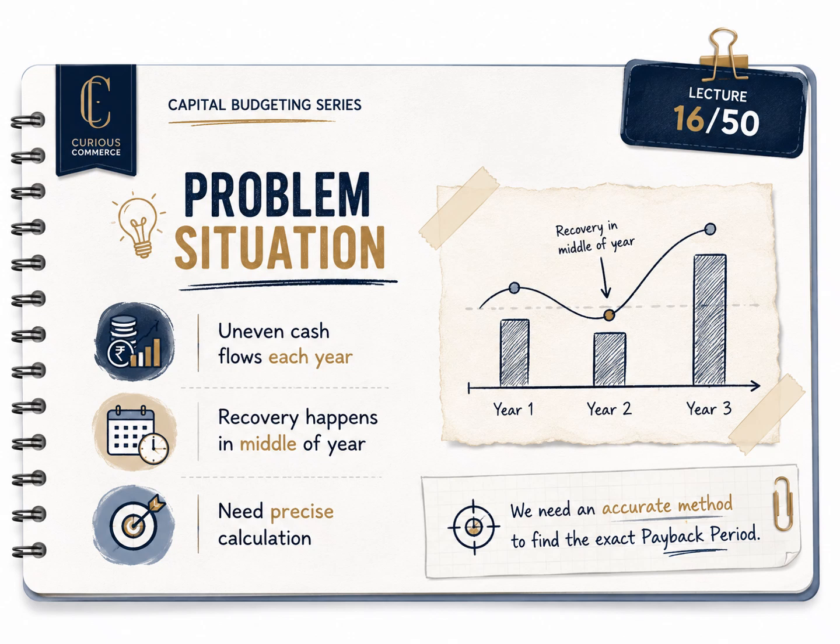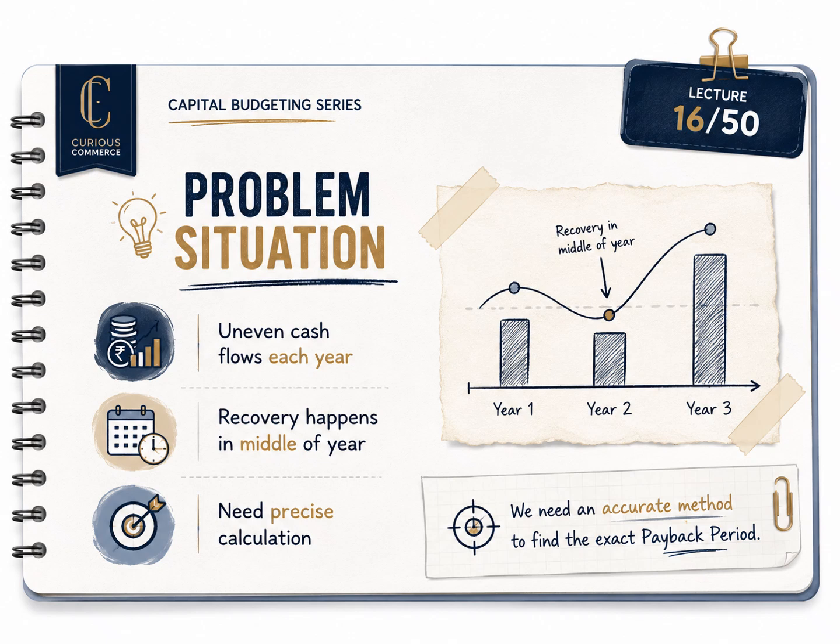For example, suppose after 3 years we recover 90,000 rupees, still 10,000 rupees is remaining. In year 4, total inflow is 20,000 rupees.